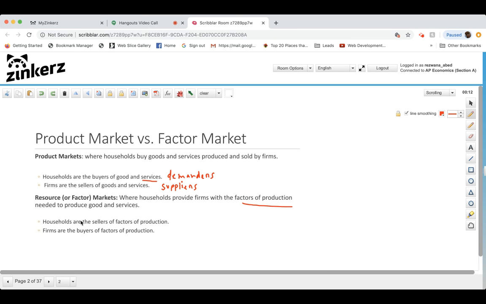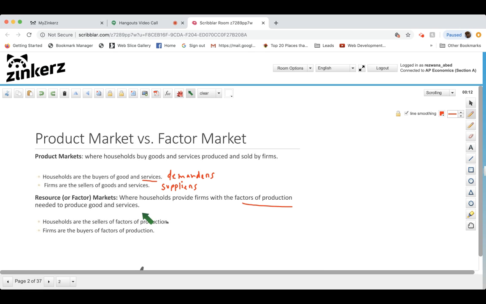Here households are no longer on the demand side; rather they are on the supply side, because they're selling these factors of production. We're going to review those factors of production in a minute. But to reiterate, in resource or factor markets households are now the sellers.